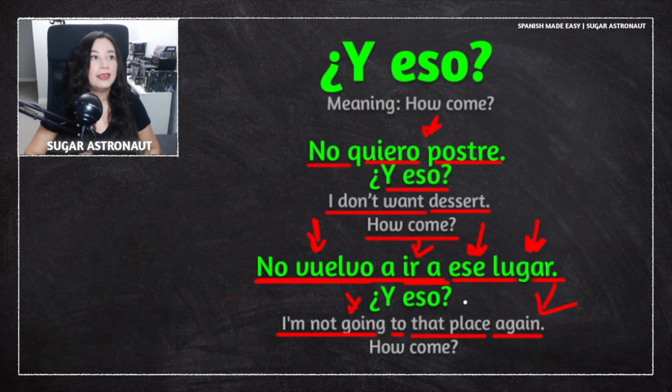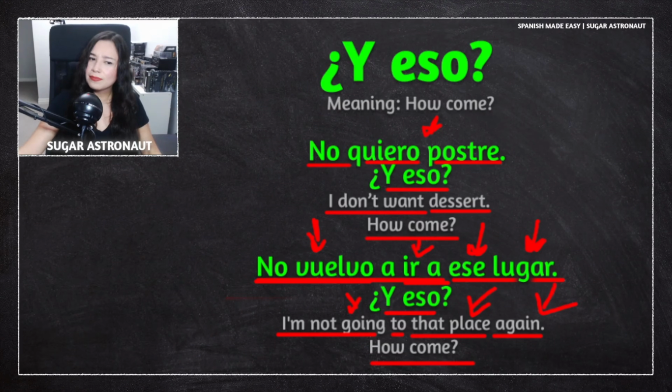It could be, I don't know, anything, usually events, work, something that is not tangible. But in this situation, we're talking about a place. That place. Ese lugar. Okay? And then you have the question, ¿y eso? How come?